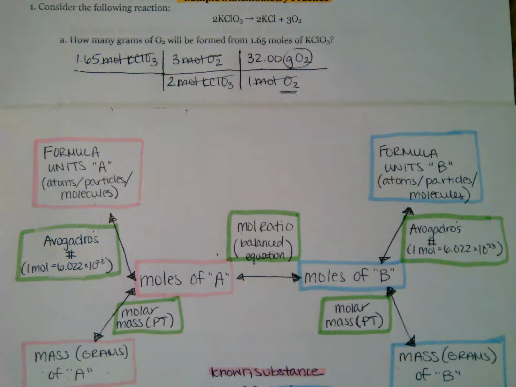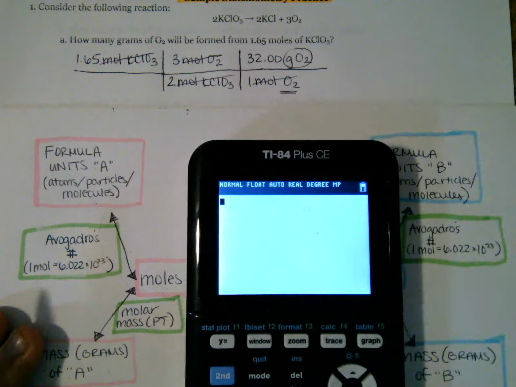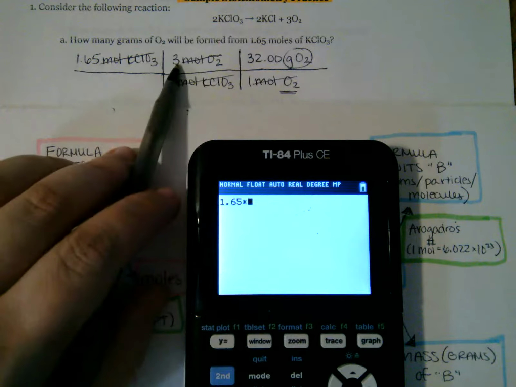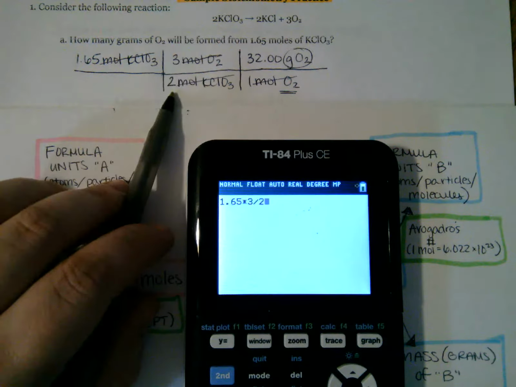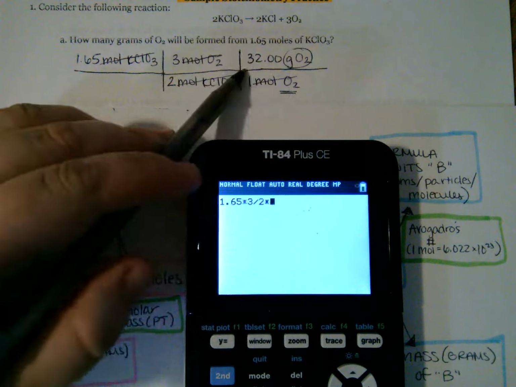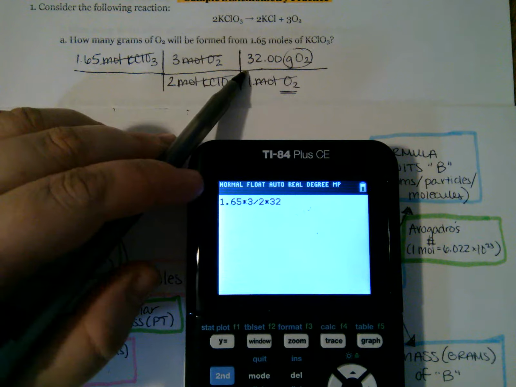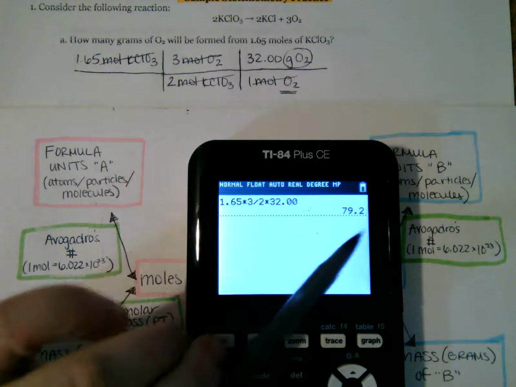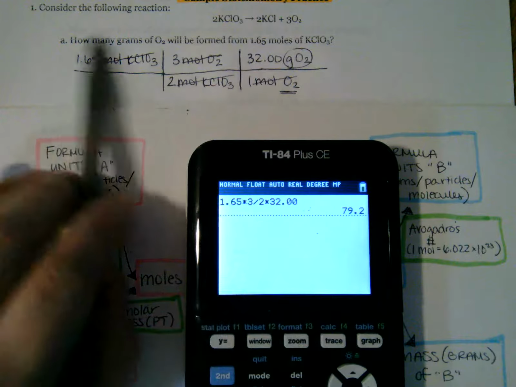Now we just need to take out our calculators and crunch these numbers. So we've got 1.65 times 3 divided by 2 times 32. And when we do that, we get this as our answer, and you'll notice it's already at 3 sig figs, so we don't need to worry about it.